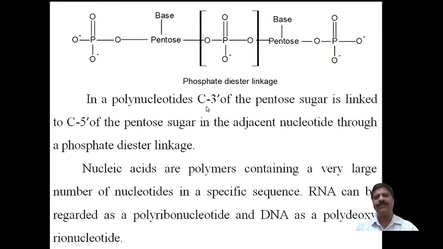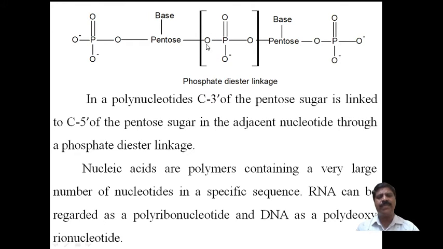What happened here? This is the base and the pentose sugar, this is the molecule, and here this OH group combines with another OH through a phosphoryl group, and it forms an ester bond. Here is the phosphoryl group. This is an ester bond, and this is an ester bond.